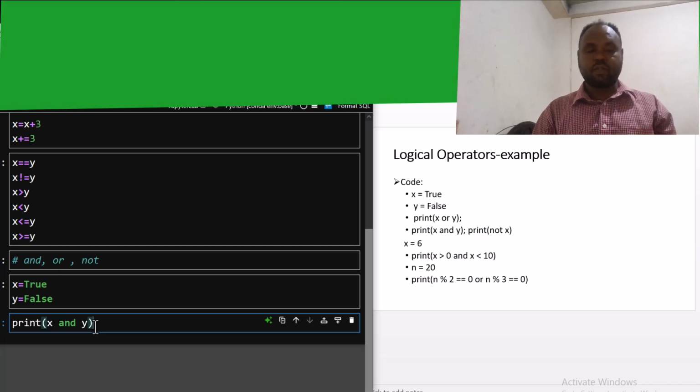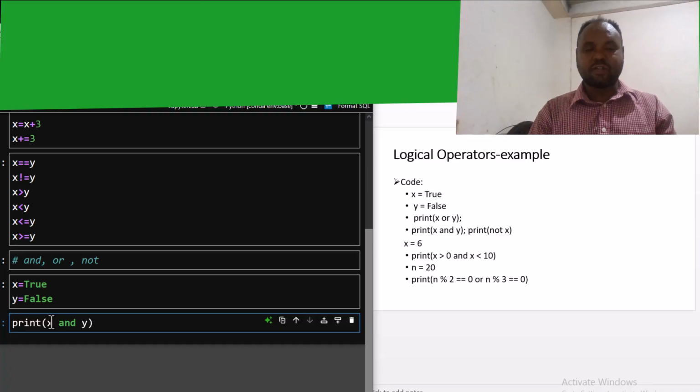These logical operators evaluate to either true or false. So what we ask implicitly is whether x and y is true or not. Yes. In this context, x is true and y is false. Therefore, this expression is nothing but true and false.